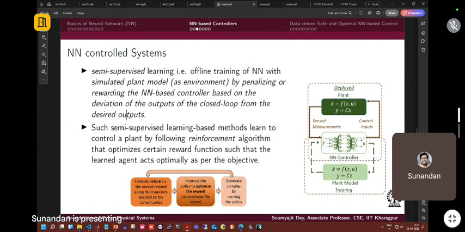Policy means nothing but how, based on what input, we get what output. How we compute the output from the input, we call that a policy. It estimates a return, that is the overall reward along the trajectory if we follow this policy, and we improve the policy to optimize the reward.